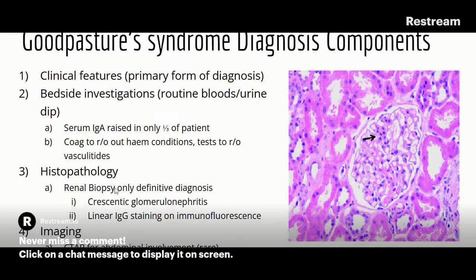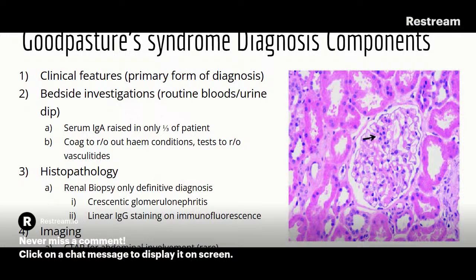The definitive diagnosis is a renal biopsy, because that allows us to see if there's crescenteric glomerulonephritis or if there's IgG staining on immunofluorescence. You can do a CT scan in general if you're thinking about diffuse alveolar hemorrhage, or if you're thinking about any kind of renal problem, you could do a CT scan from that aspect.